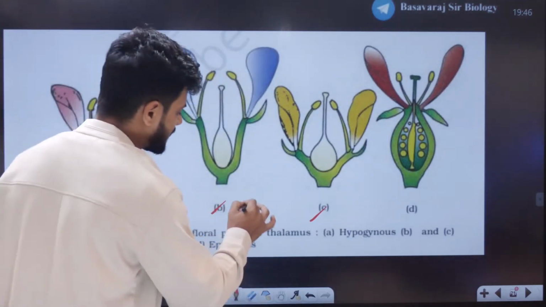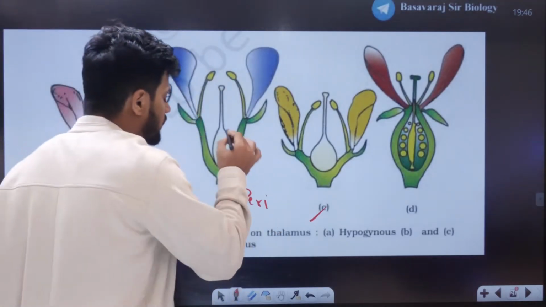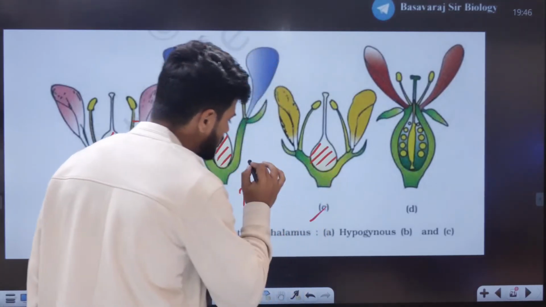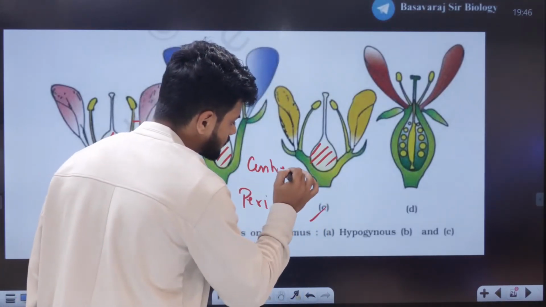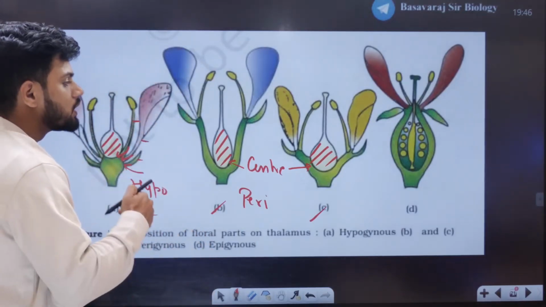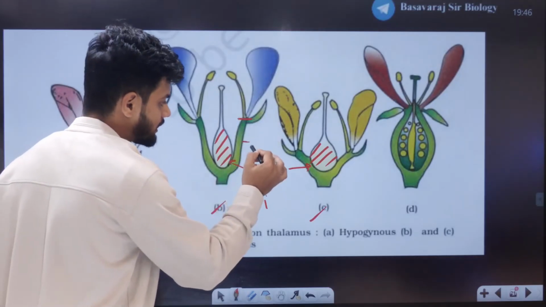Now, if you see the perigynous condition, the gynoecium here is in the center, and all the different whorls are arising from the rim of the thalamus. This is the thalamus.